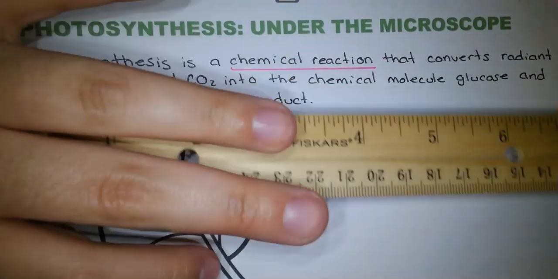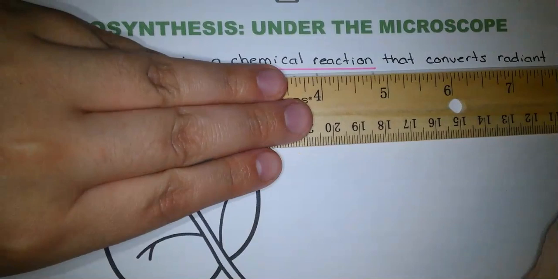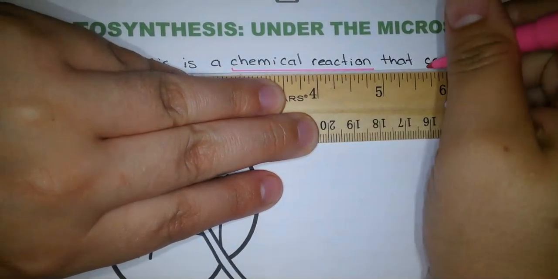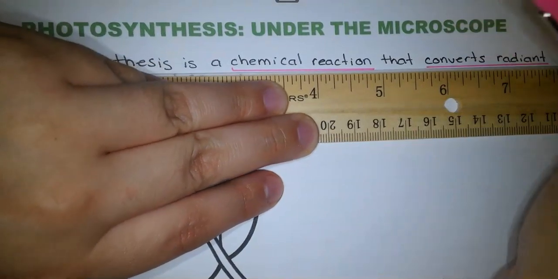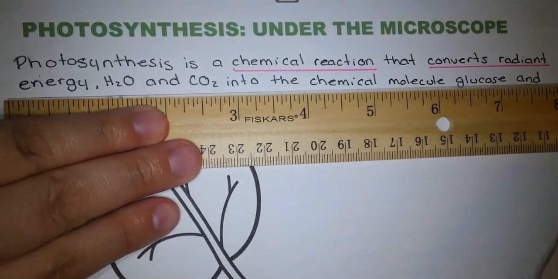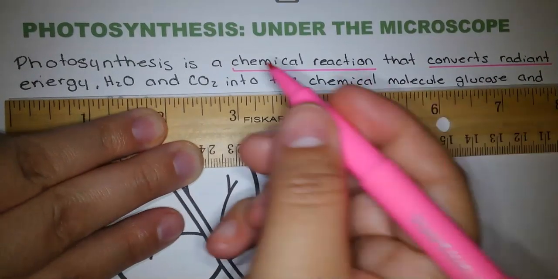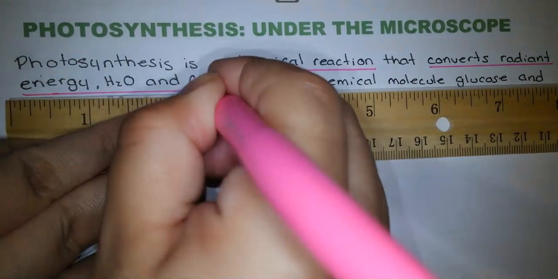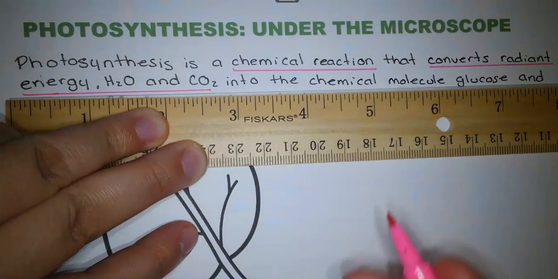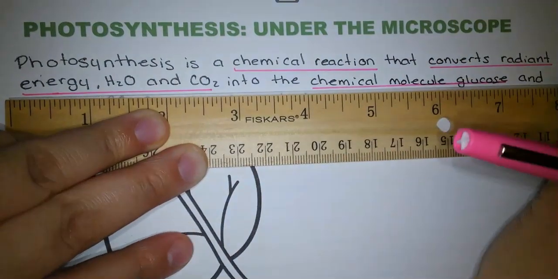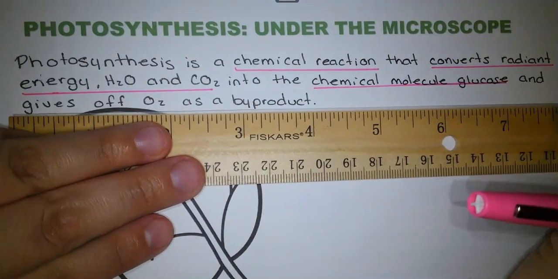It's a chemical reaction that converts radiant energy, water and carbon dioxide into the chemical molecule glucose and oxygen.